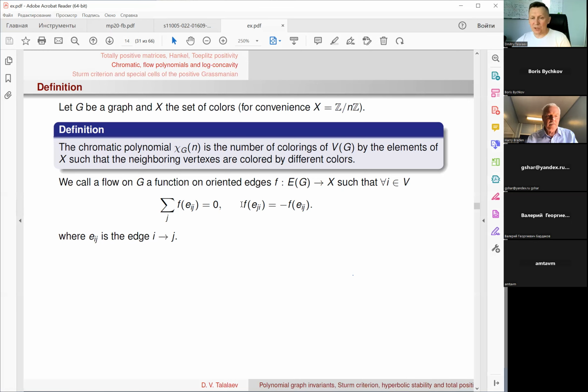Here Eij is the edge oriented from i to j.